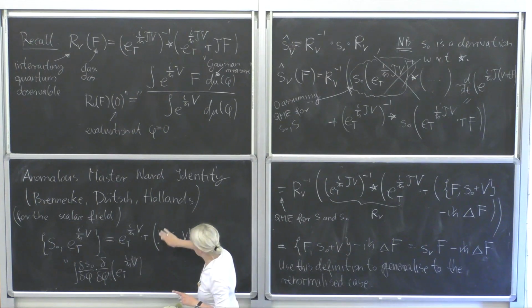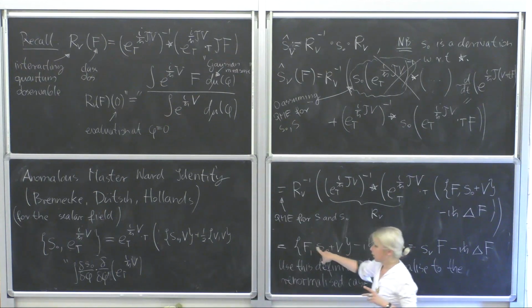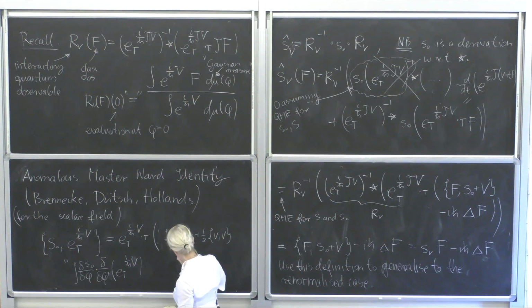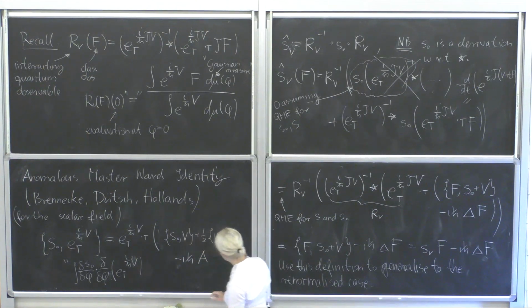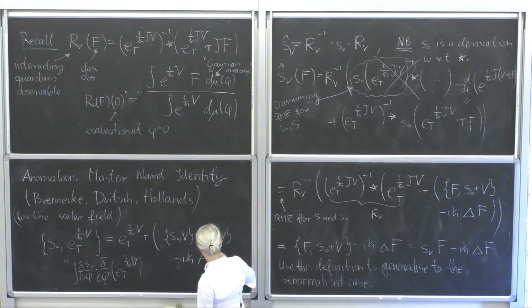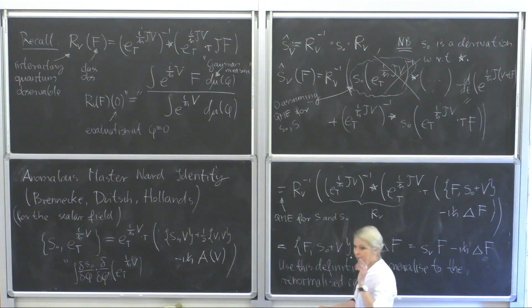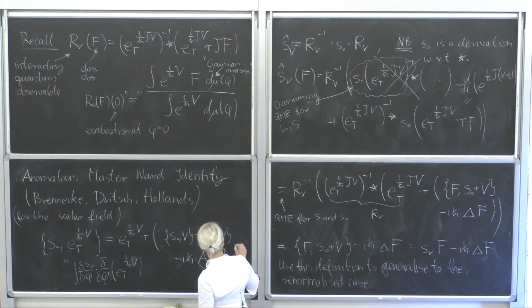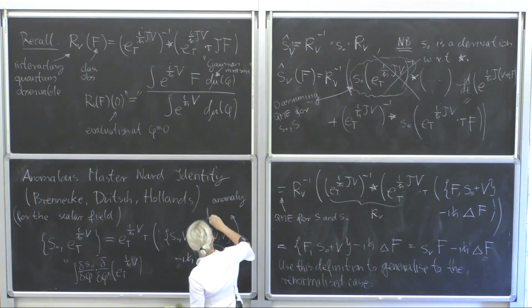What they state is just that part of things, which kind of comes from this bracket plus something which they called anomaly, which depends on V. And they prove that this anomaly here is local.